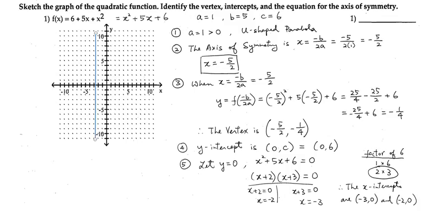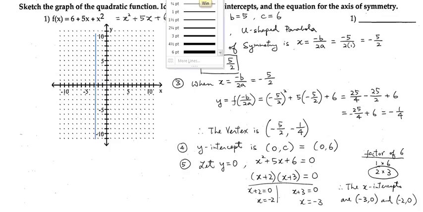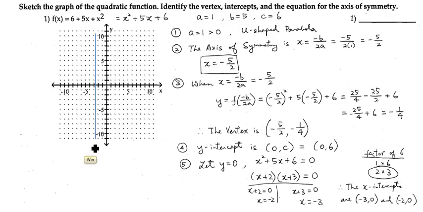And then write it clearly. This will be x equals to negative 5 over 2. So we know that there will be a parabola, right?